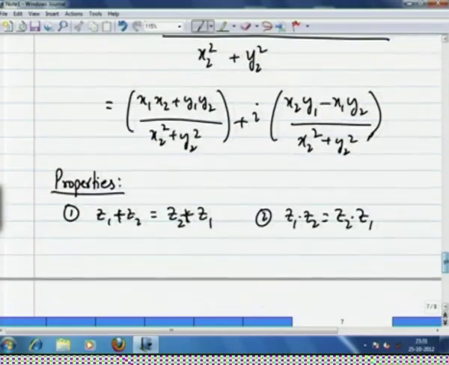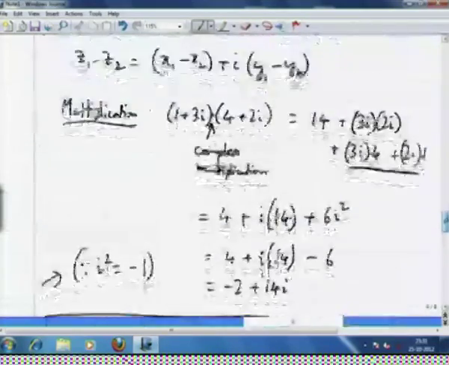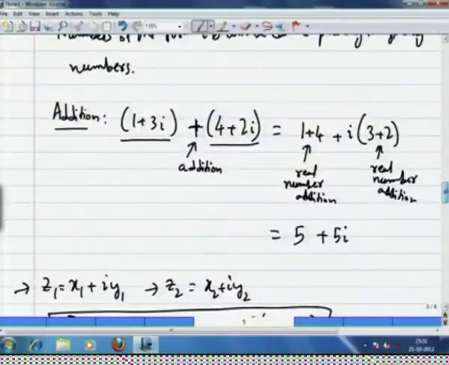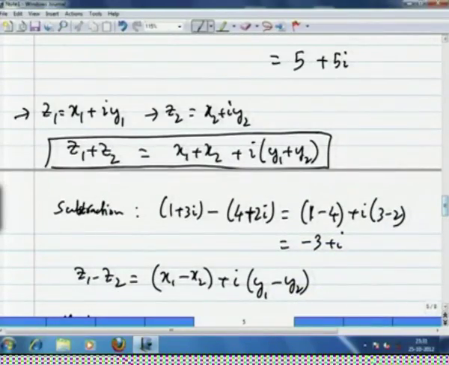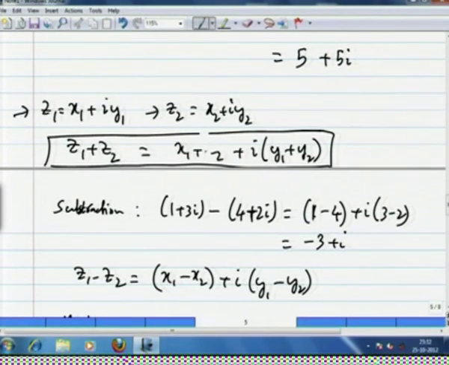Once again, let me go back to these rules and point out to the viewer that this addition which appears here, or this addition which appears here, which tells the rule, are real number addition, additions which the viewer is already familiar with, and this addition here is telling you how to add two complex numbers z 1 and z 2.